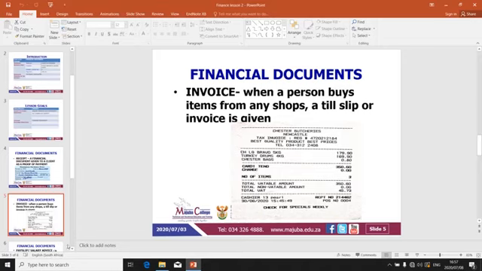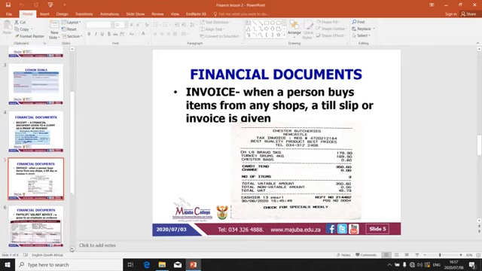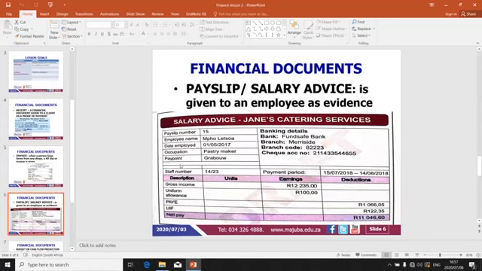Then we move to the next financial document, which is the payslip or the salary advice. The salary advice is given to an employee as evidence of the salary that he or she has received.